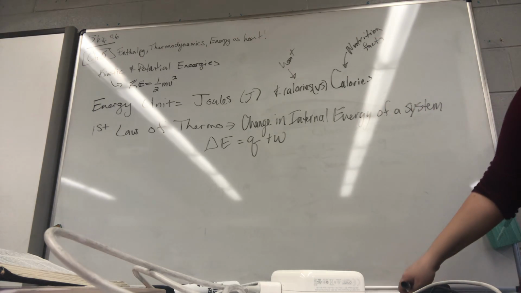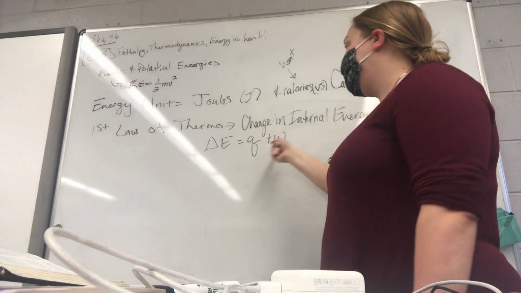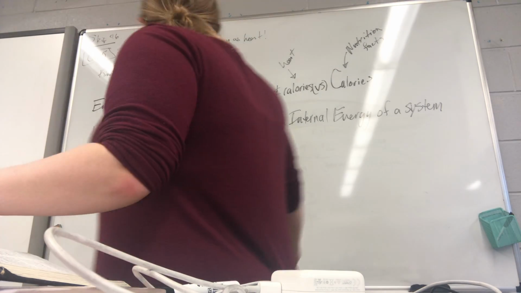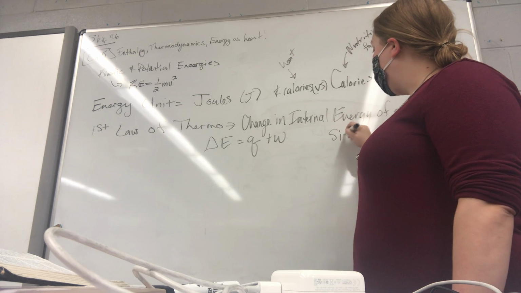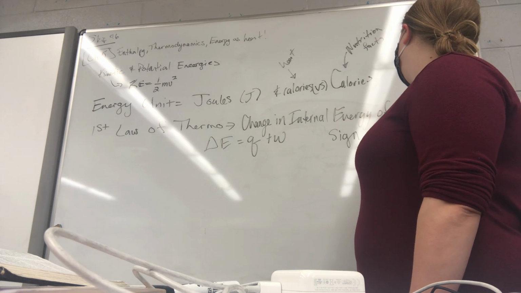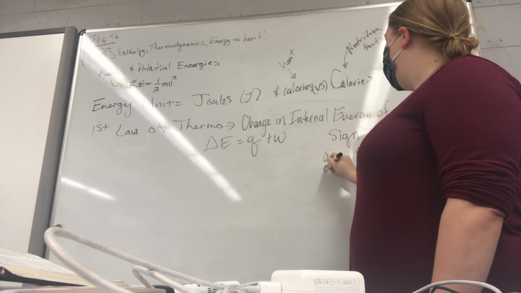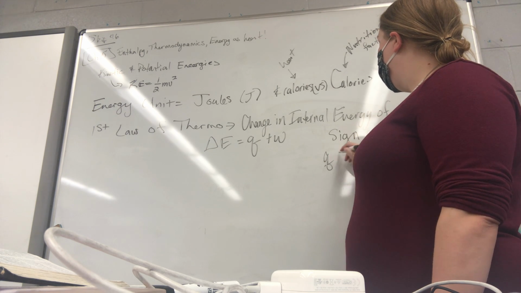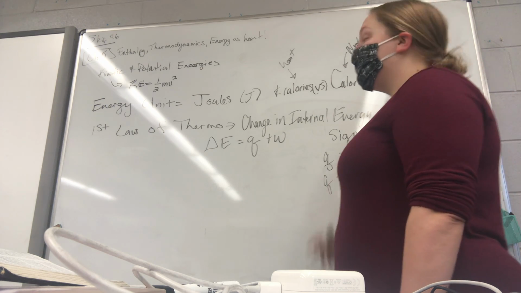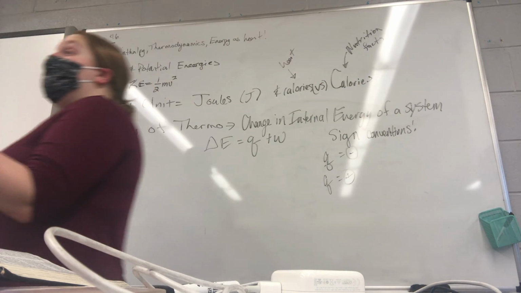So total internal energy change can be related to heat and work. There was a discussion on sign conventions as well. So if Q is negative versus Q is positive, this is where we introduce terms like endothermic and exothermic.